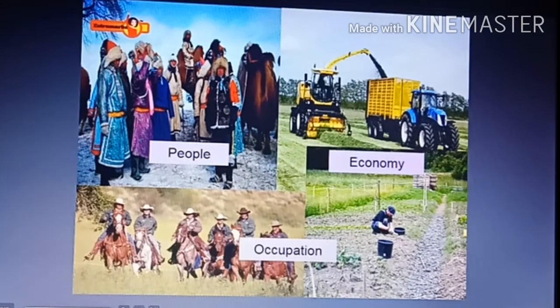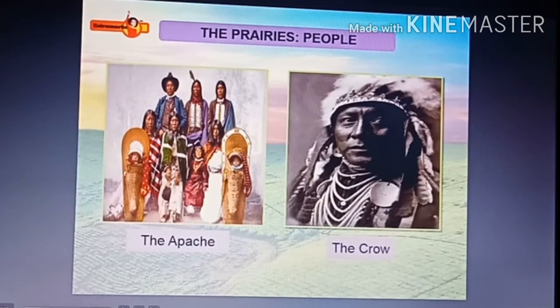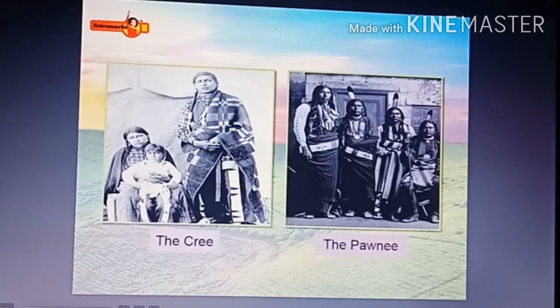After having learnt about various physical features of prairies, let's now learn about the people, economy, and occupation of prairies. The prairies were home to tribes like the Apache, the Crow, the Cree, and the Pawnee.